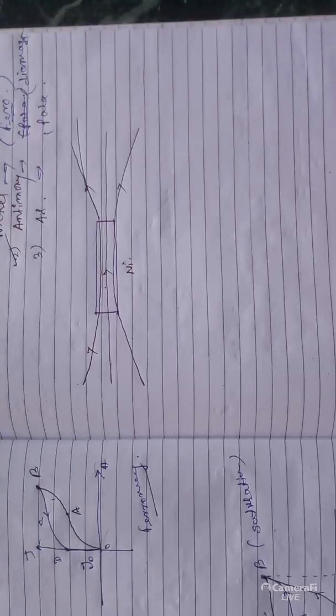Next, come to the second one, antimony. Antimony is what type of substance? Antimony is a diamagnetic substance, and you know very well that a diamagnetic substance repels the magnetic field strongly.